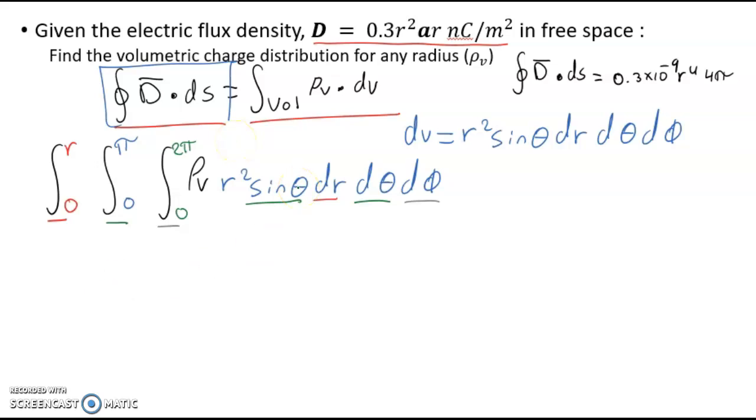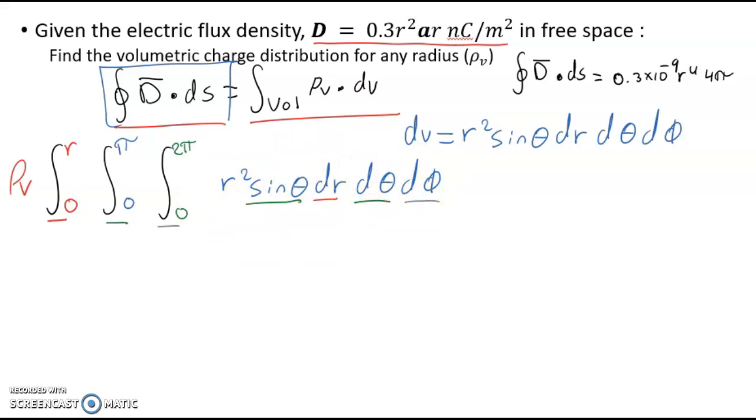Now, the only thing that's going to be constant is rho v, so we can take rho v out of the integral and place it here.